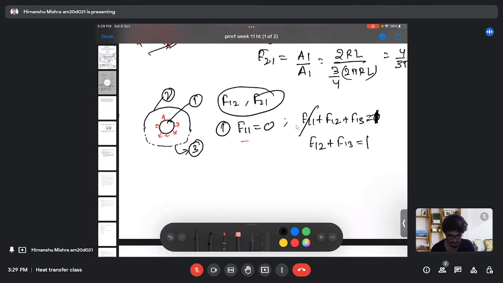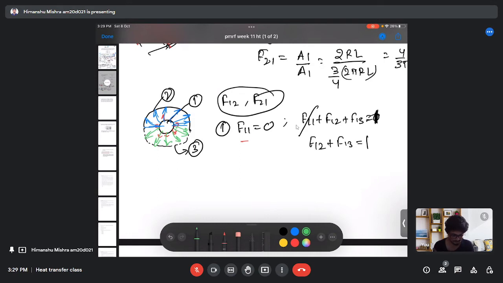Now, again, use the direct inspection method or the symmetry method and see whether you can use the reciprocity rule also. So let's look at the diagram and try to use all these kinds of rules. By looking at the diagram, I can say that of the radiation emitted by surface 1, half strikes surface 2 and the remaining half strikes surface 3.